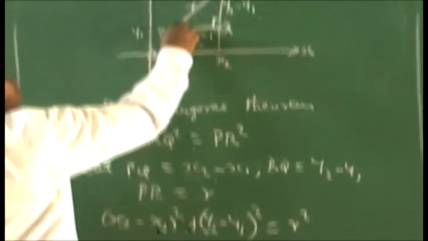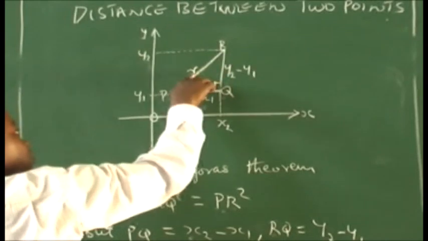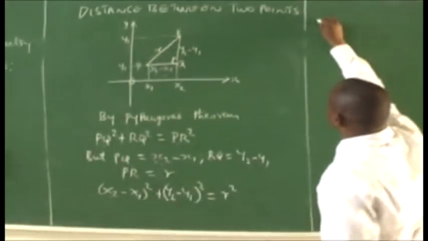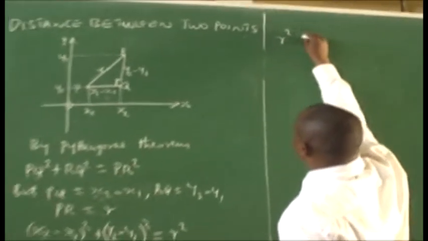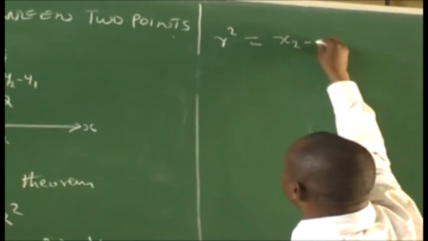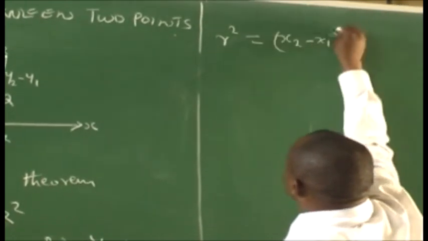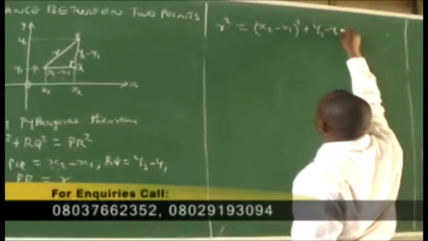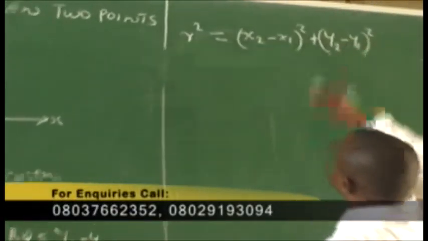Remember, what we are looking for is this distance, which is represented by r. So I can write it this way, that r squared is equal to x2 minus x1 squared plus y2 minus y1 squared.